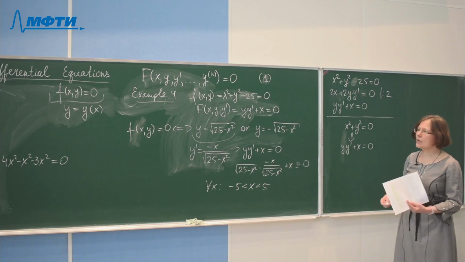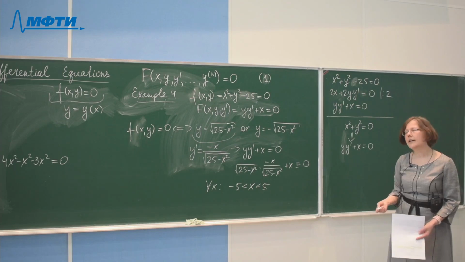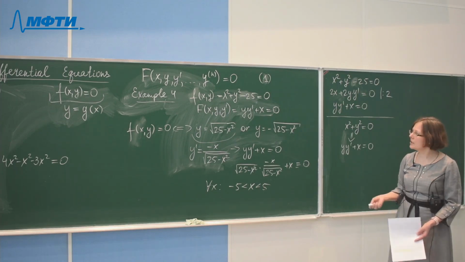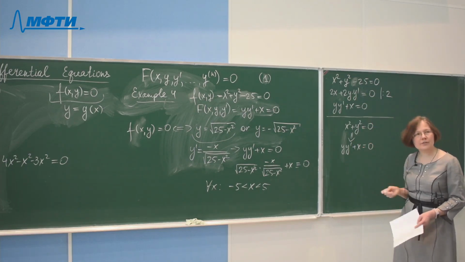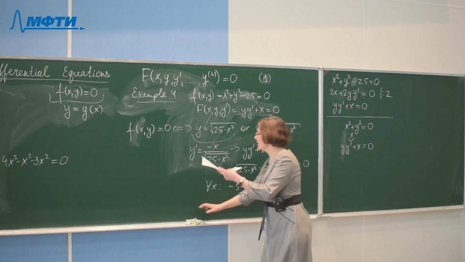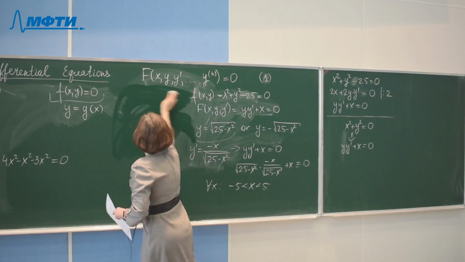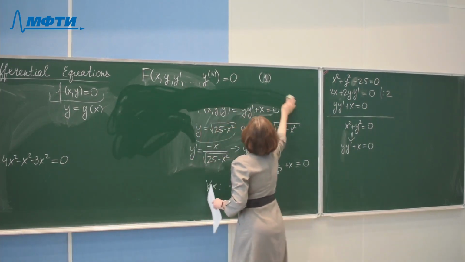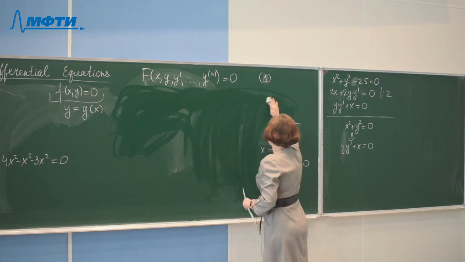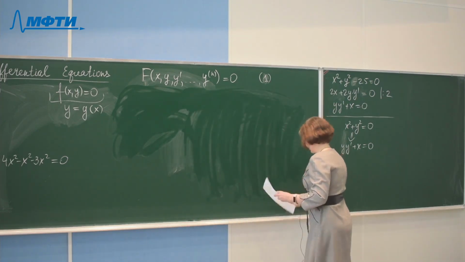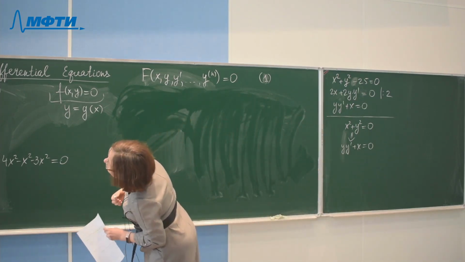Okay, so I will try to give a correct definition of an implicit solution, having in mind this contradiction, right? So I will use this space. Okay, definition number 4.